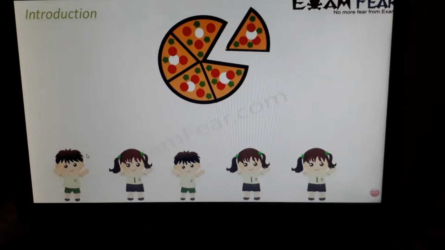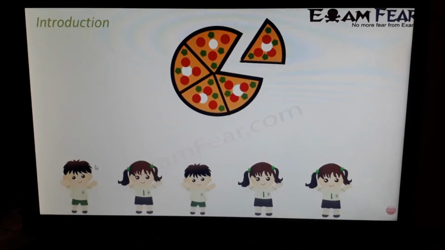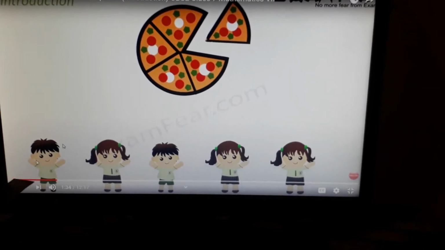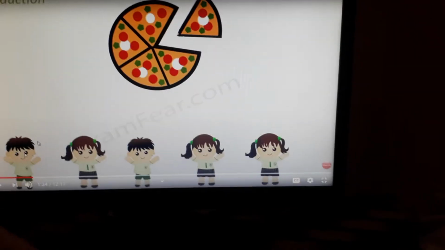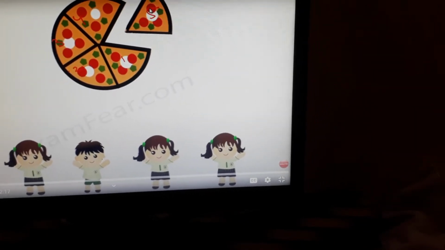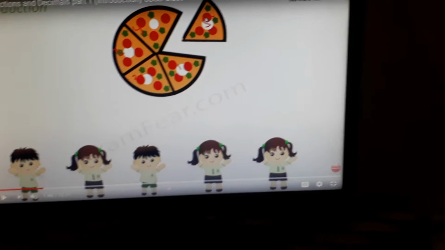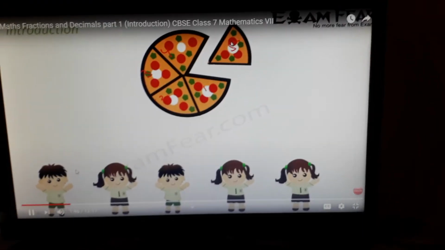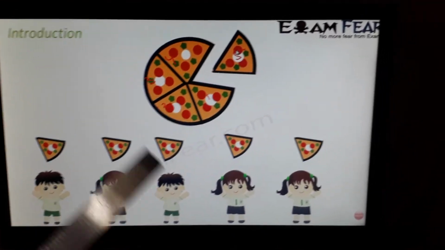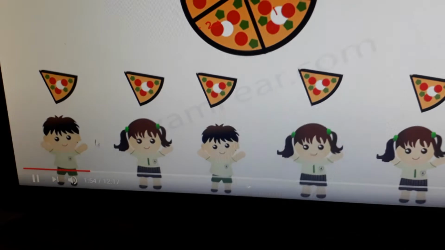Now what fraction will you get? Each child got one piece here. So here you will get fractions, children.